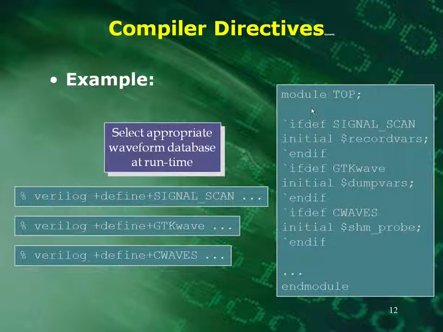Well, in this case, when it compiles the code, it'll include this initial statement, $recordvars. So maybe for SignalScan you wanted to do that. Maybe for a GTKWave waveform viewer, you wanted to do a $dumpvars so that you can create a VCD file that GTKWave could use. So you can include whichever things you want doing it this way.